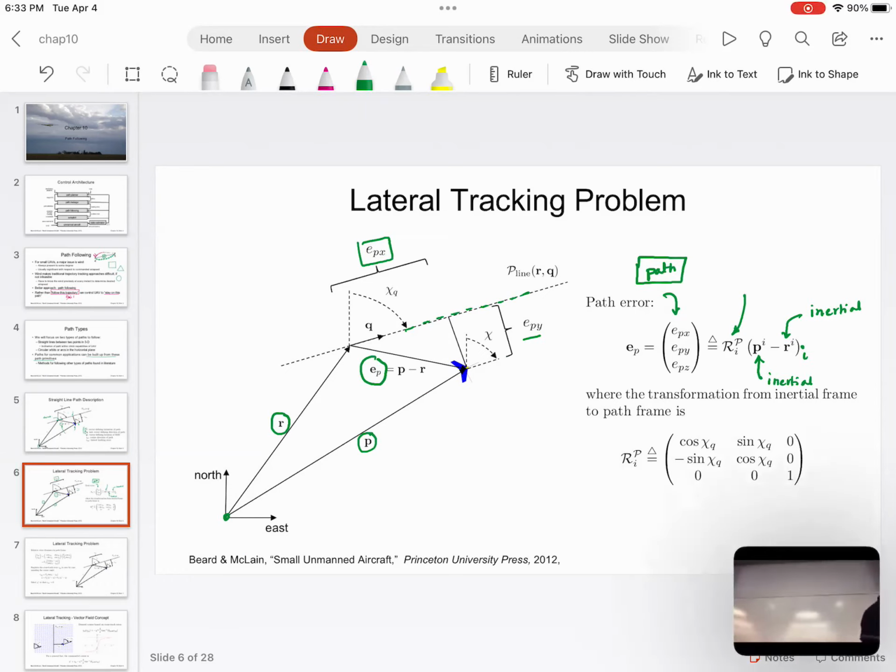Please understand, this transformation is achieved by using this chi q, which is the course angle with respect to the direction cosine. Believe it or not, this is the same rotation transformation that we have been using in robotics 1.